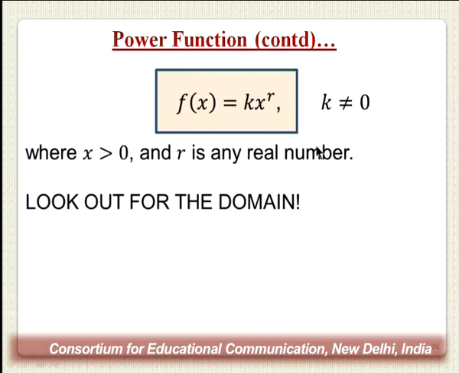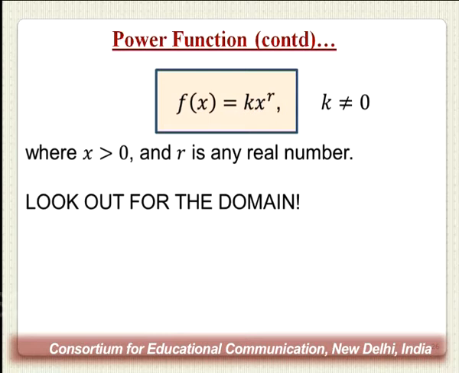Okay, so here again the warning comes: look out for the domain. In this general power function, I've taken x to be positive, and here again the key lies in our assumption that we're allowing r to be any real number. Let me go over the arguments that I made earlier.